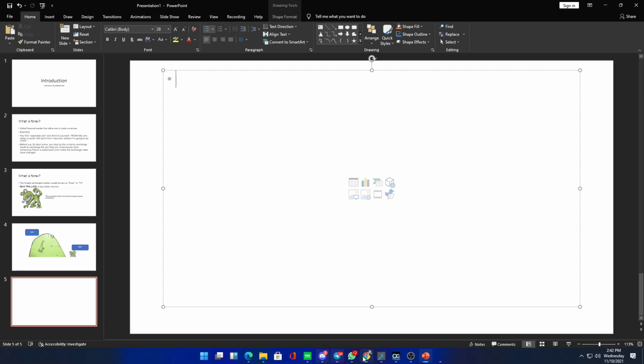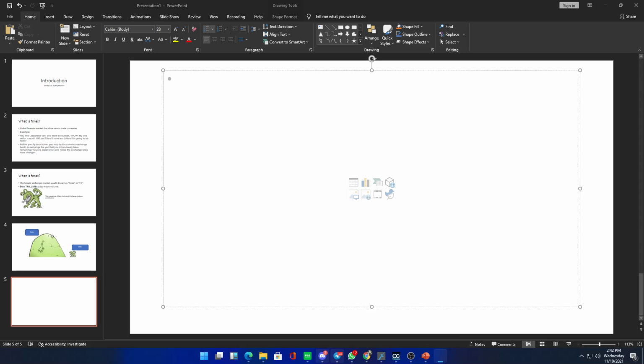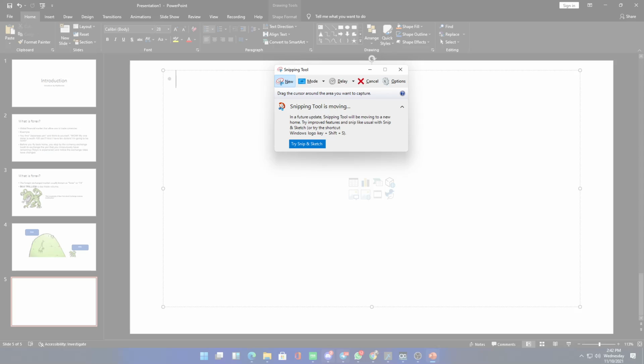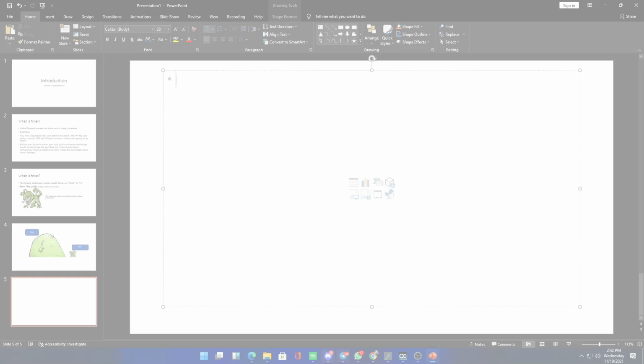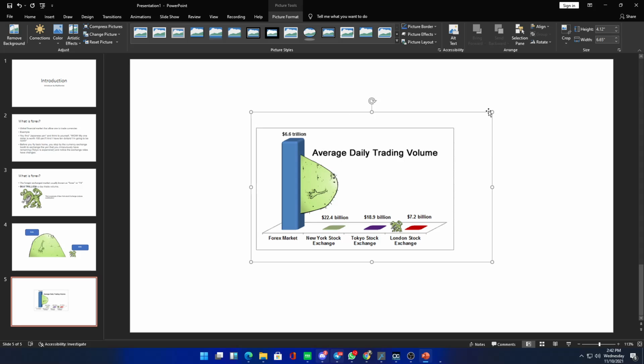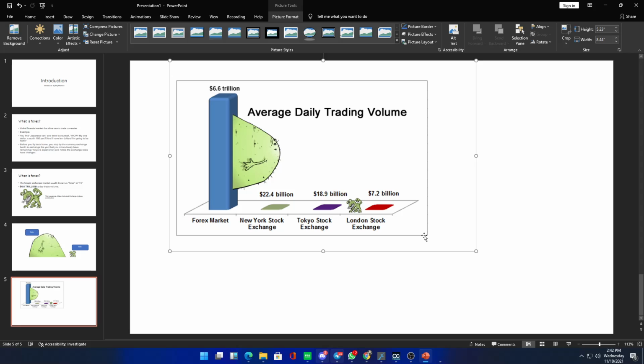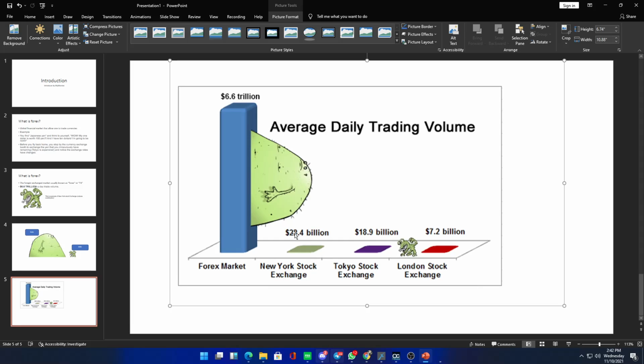This is the comparison between the average daily trading volume in the markets I said before. So the big giant here is the forex market.